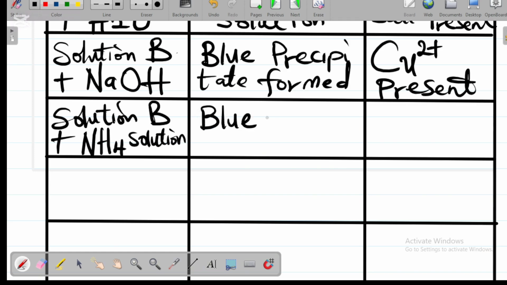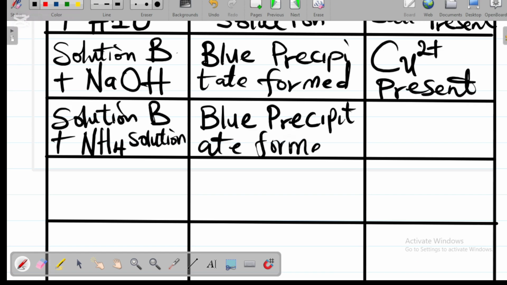Your observation should be blue precipitate formed. And then your inference should be what? Copper 2 ion present.